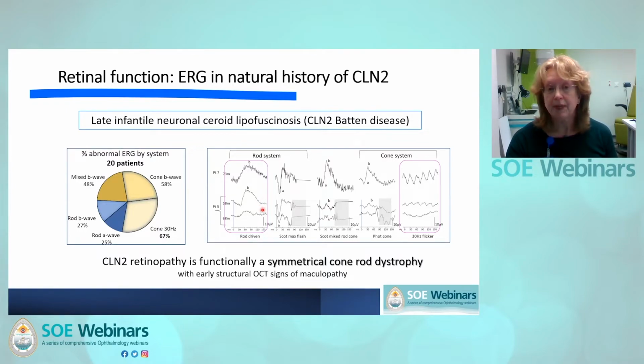At this point, we can see that there's a diminution of the rod B wave, but a much greater loss of the cone flicker ERG. So we can conclude that the CLN2 retinopathy functionally is a symmetric cone-rod dystrophy. The symmetric aspect is important if we're going to use a fellow eye in treatment as a control. And it has early structural signs of maculopathy.